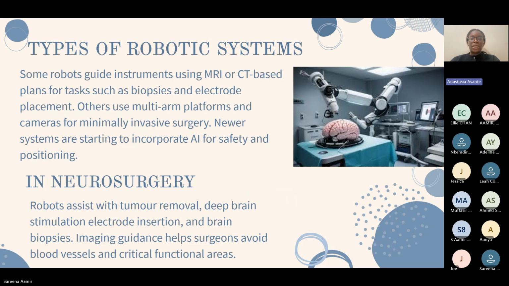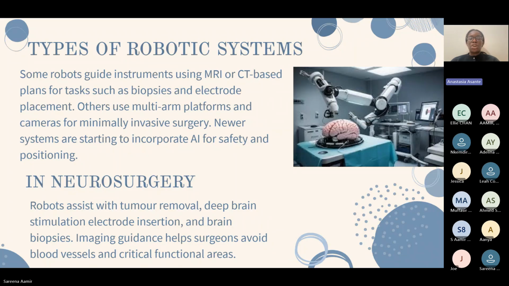Some robotic guided instruments use MRI scans or CT-based scans for tasks such as biopsies and electrode placements, and other ones use multi-arm platforms, like I believe the image over here shows, and they use cameras for minimally invasive surgery.